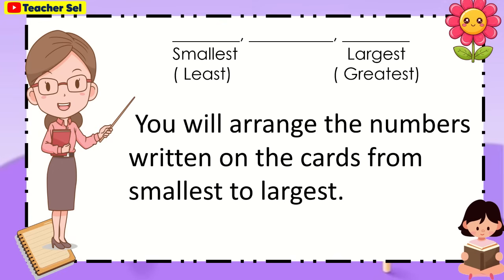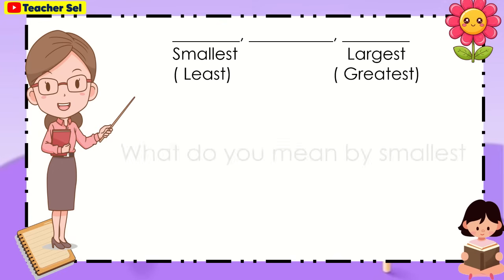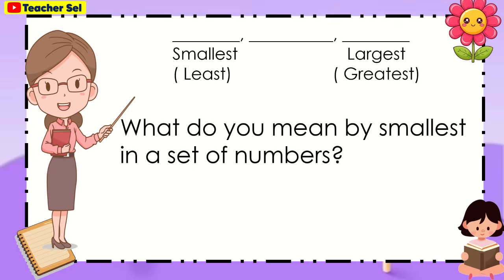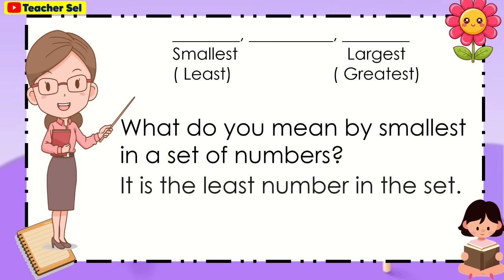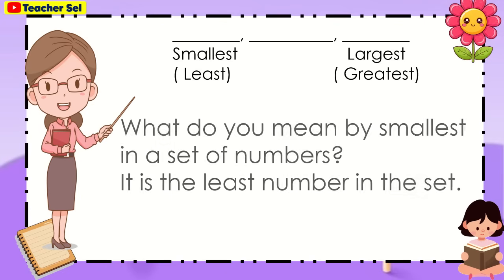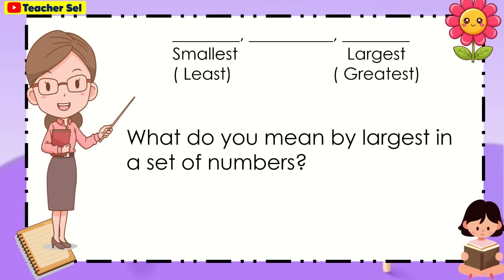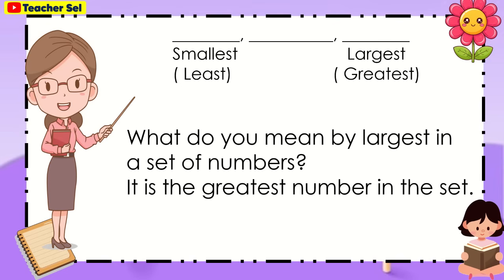You will arrange the numbers written on the cards from smallest to largest. What do you mean by smallest? In a set of numbers, it is the least number in the set. What do you mean by largest in a set of numbers? It is the greatest number in the set.